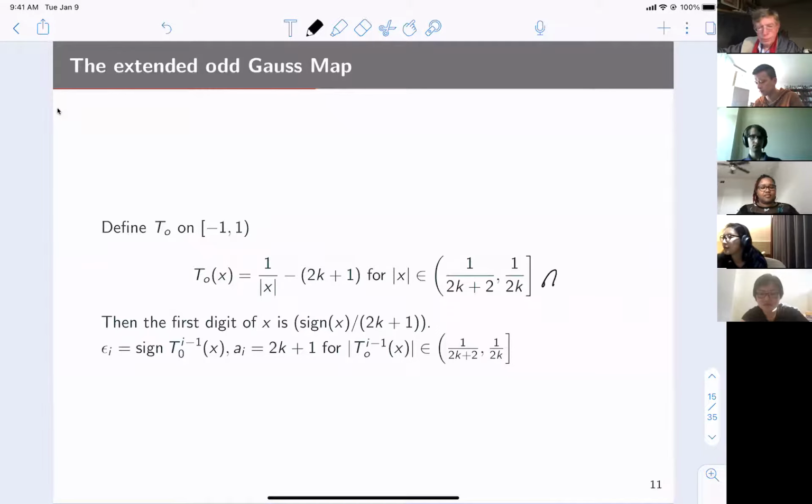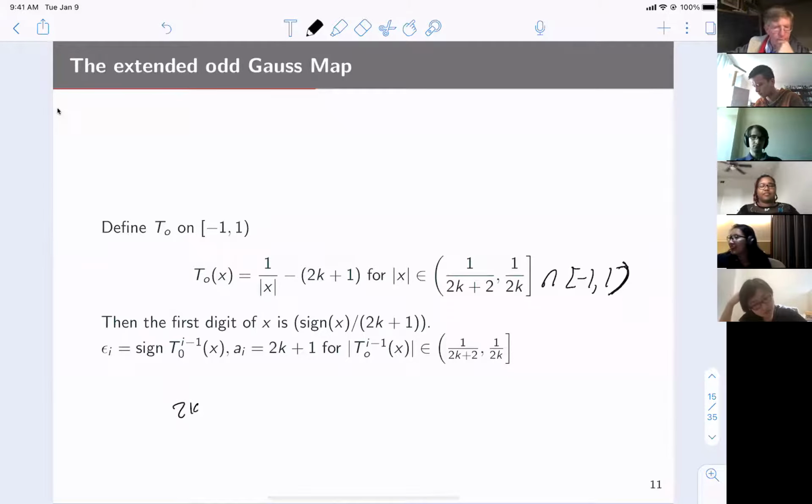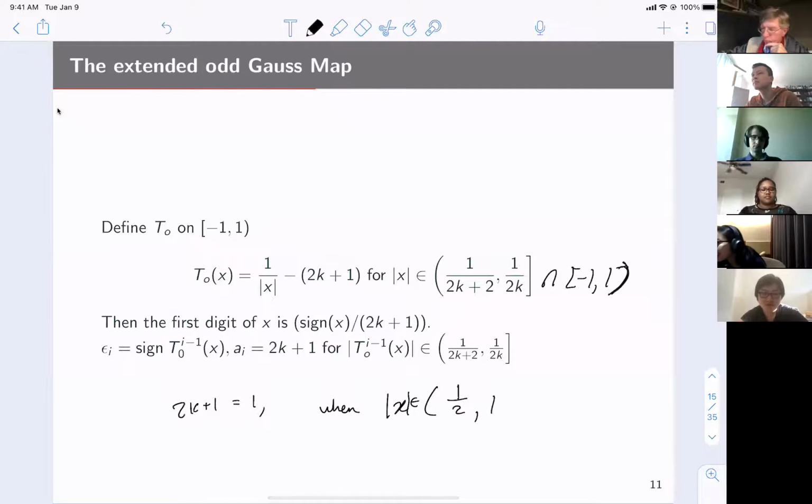So we should intersect it with the actual interval we're studying. And one thing we can see here is that we do not get the digit 1 followed by a negative number because 2k plus 1 is 1 when x is in 1/2, 1 in absolute value.